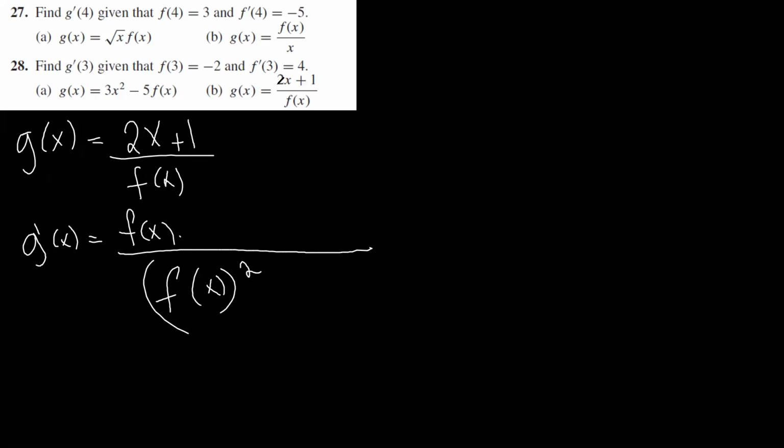What is the derivative of 2x plus 1? 2 times 1. Okay. Minus 2x plus 1, which is f times g prime. What is the derivative of g, which is down? The derivative of g is the derivative of f times 1, f prime of x.